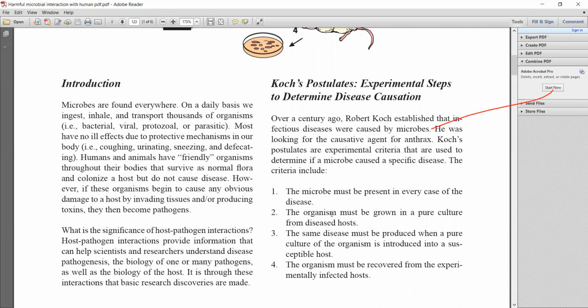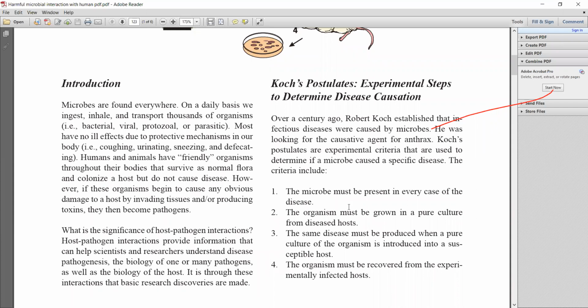So the first point in Koch postulate was that the microbe must be present in every case of the disease. If a person is infected by a particular microorganism, then at every step of the symptoms it shows, the microorganism must be present in that host.